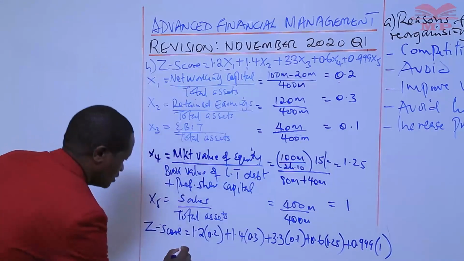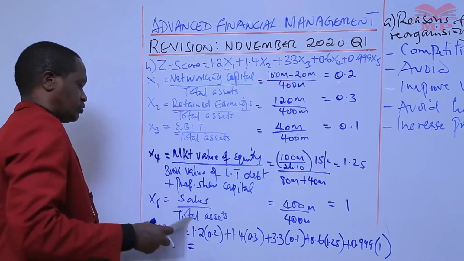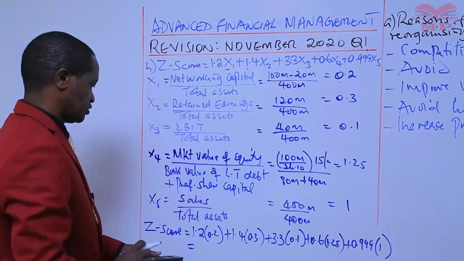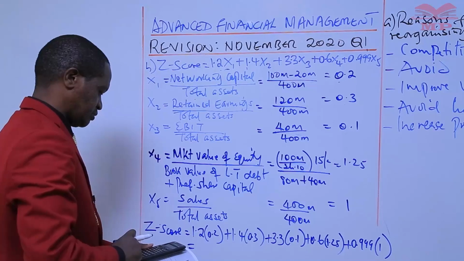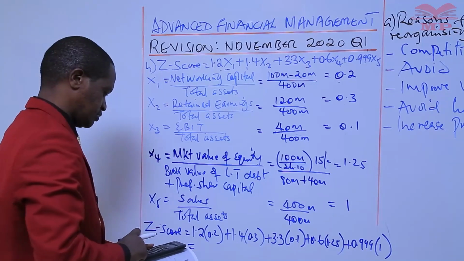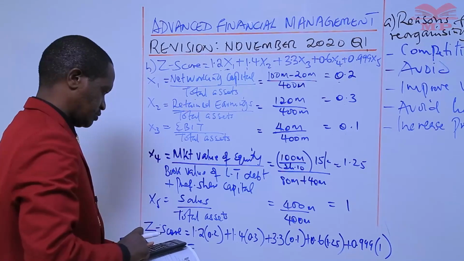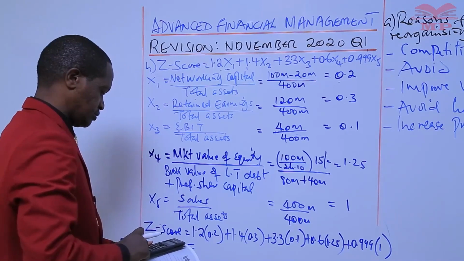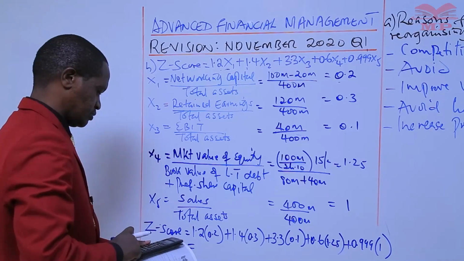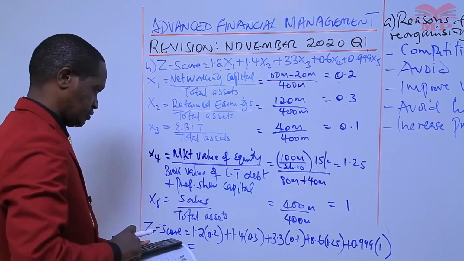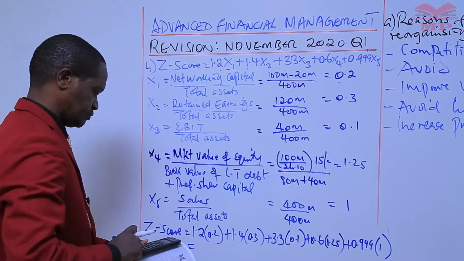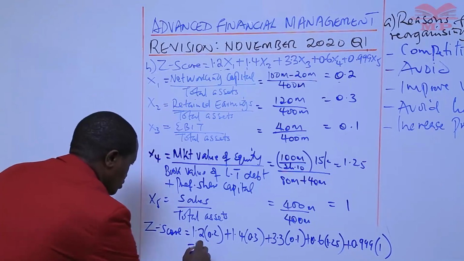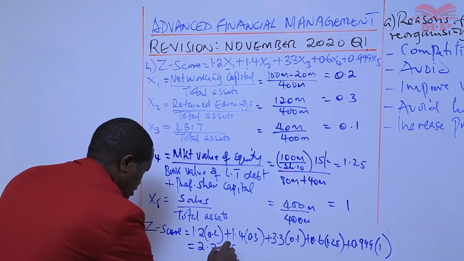So the answer here will be the Z-score. So I'm going to take 1.2 times 0.2 plus the rest, so the answer here is 3.739.